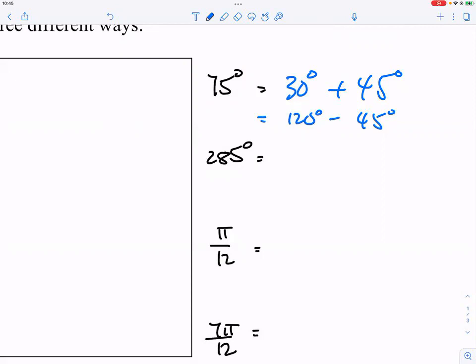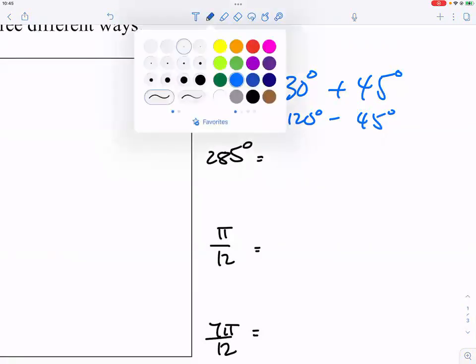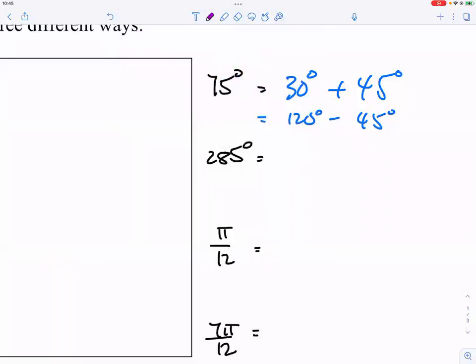So for 285 degrees, what could it be? I can think about this as 240 plus 45. A student is suggesting that it could be 135 plus 150. All right, these are angles that you're familiar with. Which one's better in this case?